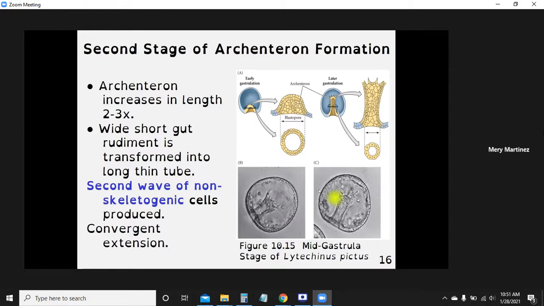So here we have early gastrulation with the initial invagination. We see cells with different numbers; these are the ones leading the growth. And in here we start seeing a little more intercalation of those cells as the walls start thinning to allow the elongation of the Archenteron. Is this clear? Okay.